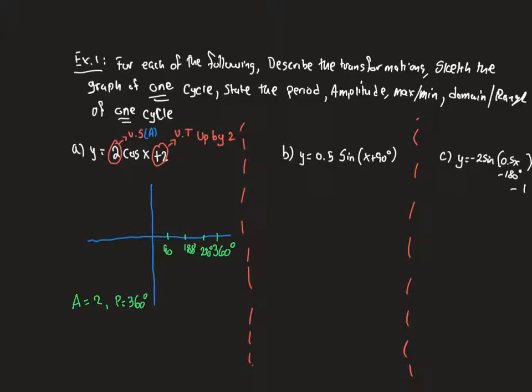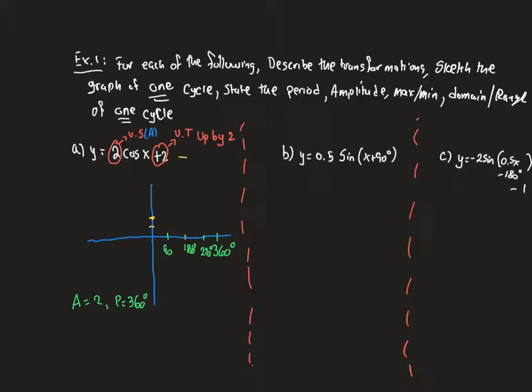Alright, so this is a cosine graph, so remember you start from your maximum in a cosine graph. And the amplitude is 2, and I went up by 2. So if the amplitude is 2, this means I should be starting at 2.